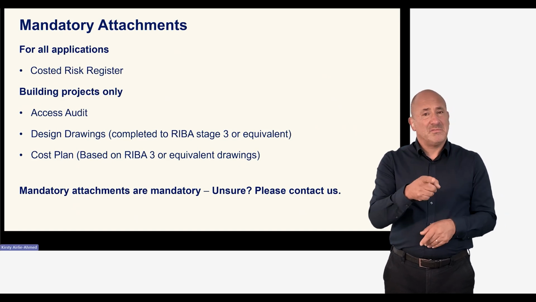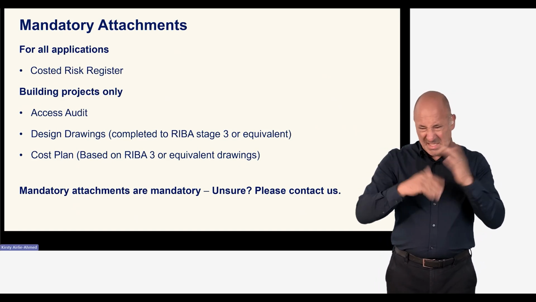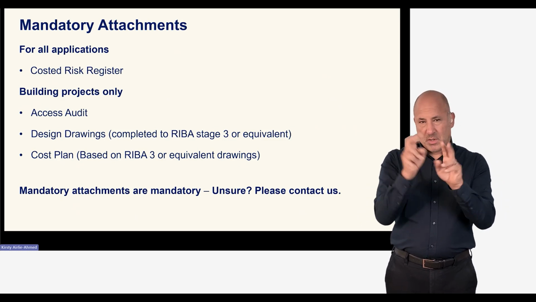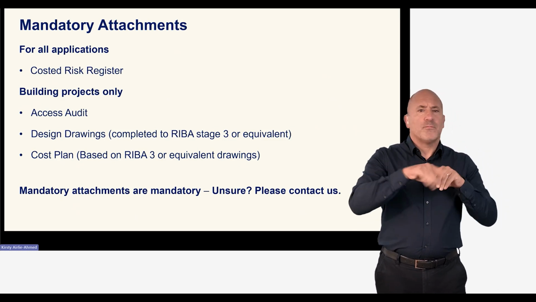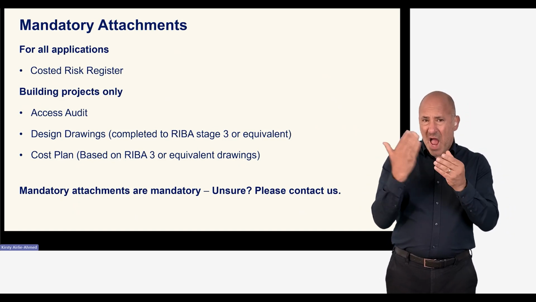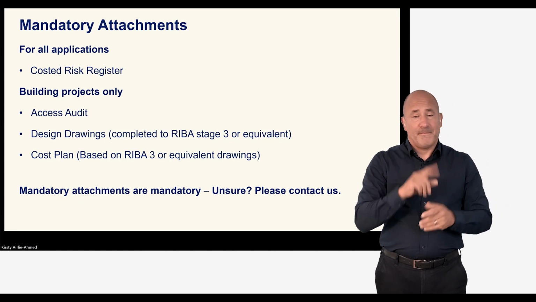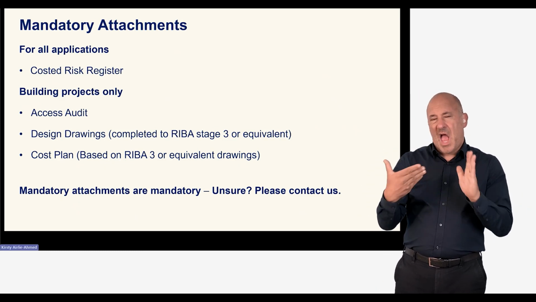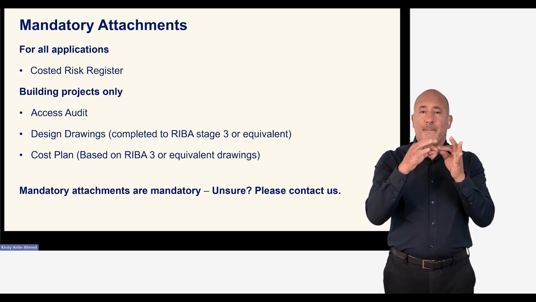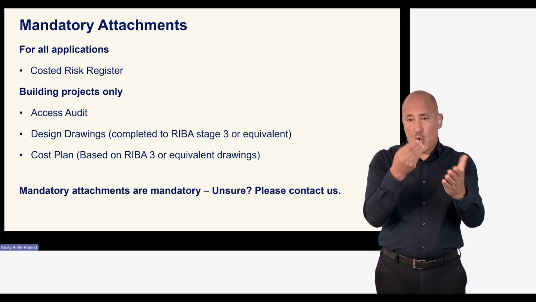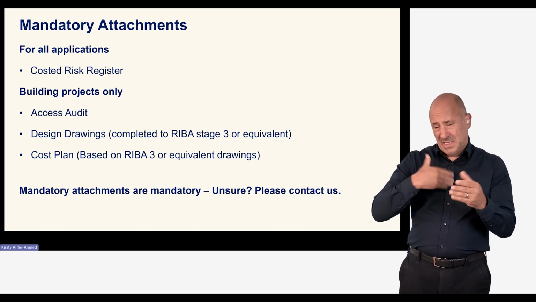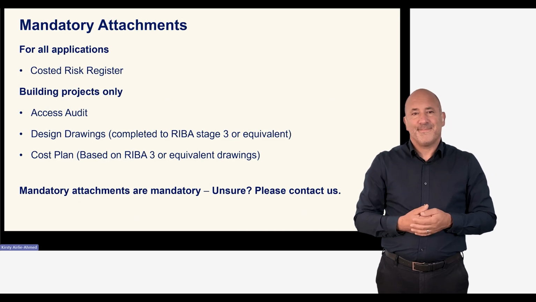Mandatory attachments. All projects, building and non-building, are required to submit a costed risk register as a mandatory attachment. For non-building projects, requiring no statutory approvals, there are no other mandatory attachments required. For building projects, you will also need to submit an access audit, design drawings completed to RIBA Stage 3 or equivalent, and a cost plan based on RIBA Stage 3 or equivalent drawings.